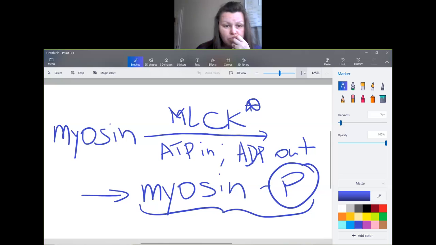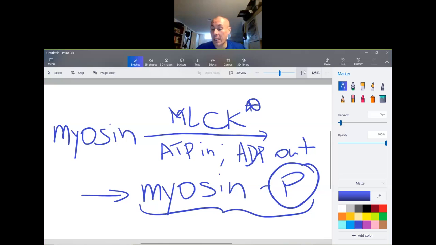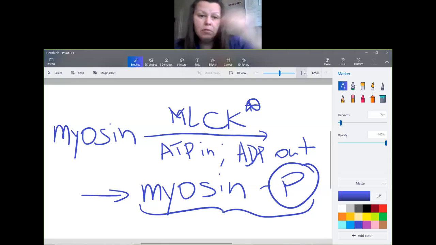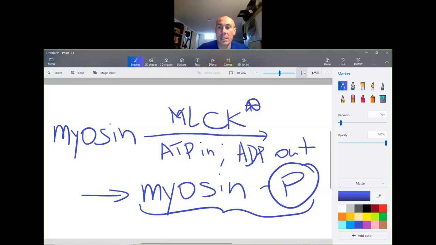Without it, it can't. So basically, again, unlike in skeletal or cardiac muscle, here you don't have troponin, you don't have tropomyosin, you have myosin light chain kinase. Make sense?